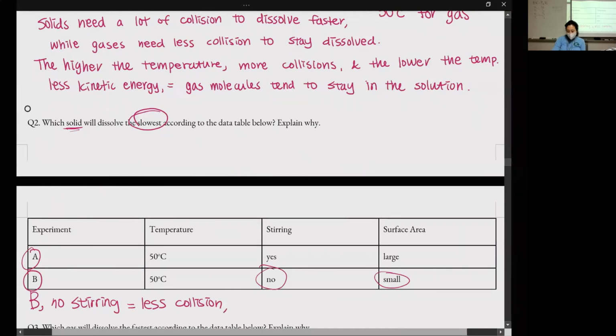Small surface area. Oh, actually, let's add those two. No stirring and small surface area means less collision, means slower.